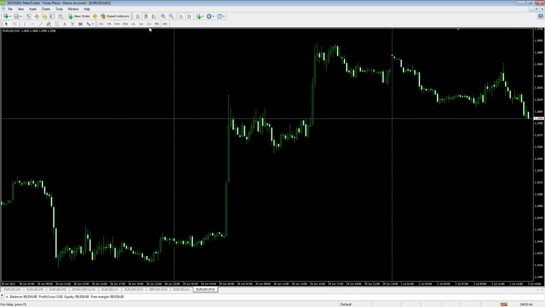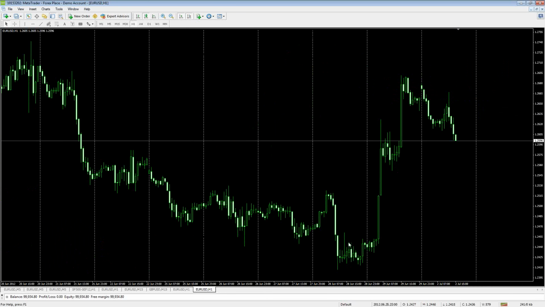So you can see the consolidation during Thursday and Friday at night.